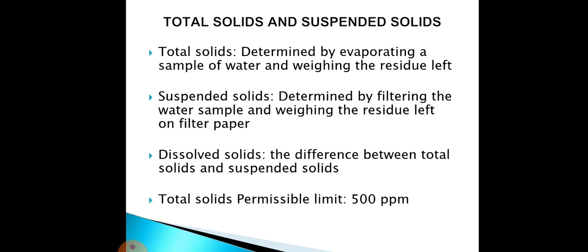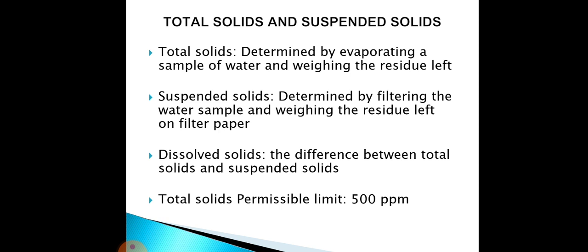In order to determine the total solids in a given sample of water, we first have to weigh the given sample of water, then evaporate the water, and after that weigh the residue again. From the difference we can find the amount of total solids present in the given sample. When it comes to the suspended solids, the total suspended solids present in water is determined by filtering the water sample and then weighing the residue that is left on the filter paper.